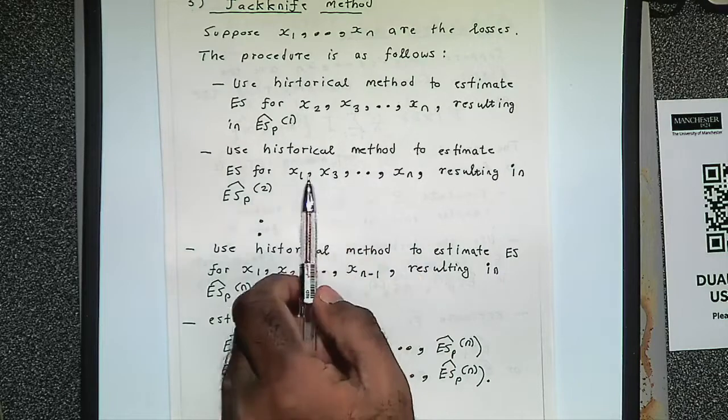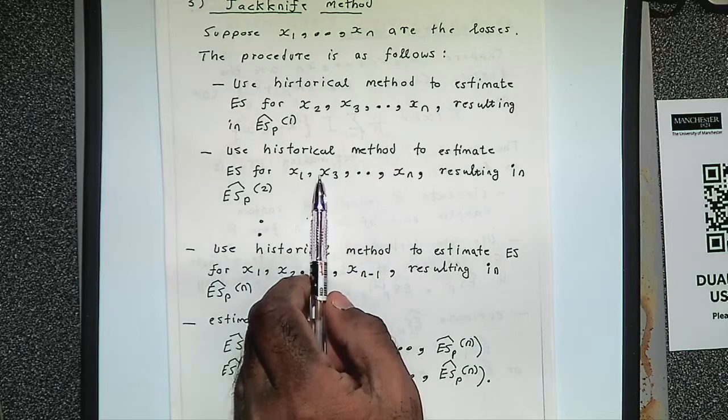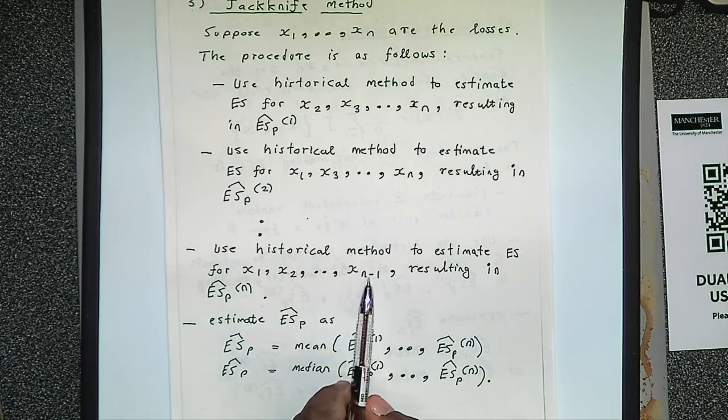Okay, and the second step, you do the same thing but remove the second data point. And the final step, you do the same thing, but you remove the nth data point. All right, so every time you remove a single data point and estimate the expected shortfall by the historical method.